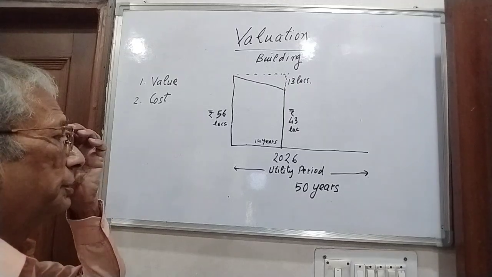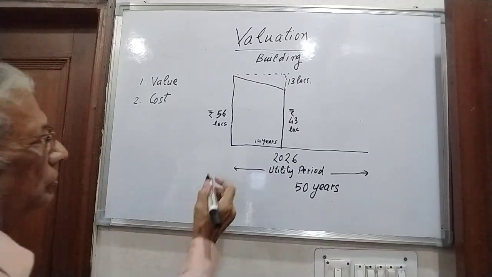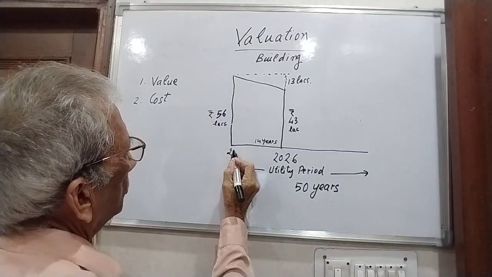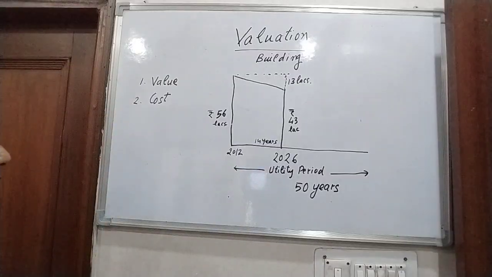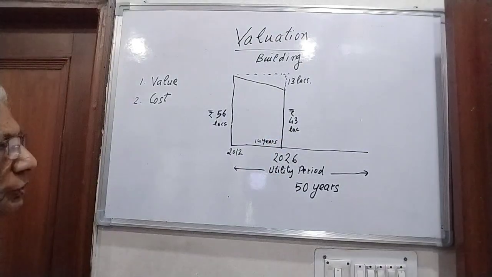Cost of the building means initial cost when the building was constructed in 2012. When the building was constructed, its cost was 56 lakhs. It is called cost, and 43 lakhs today is called value of the building.